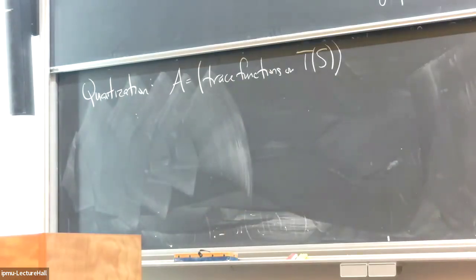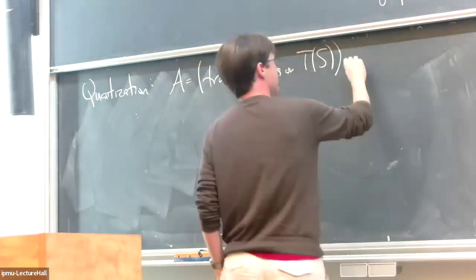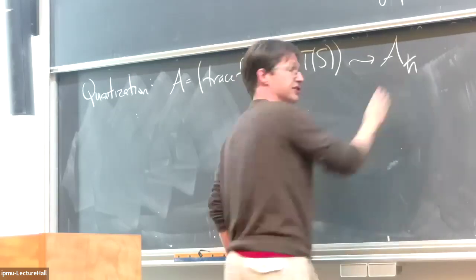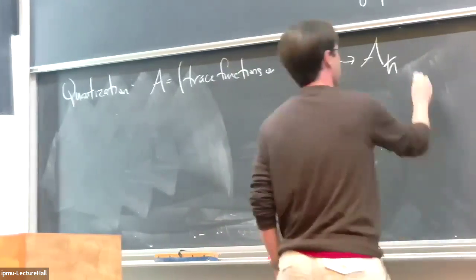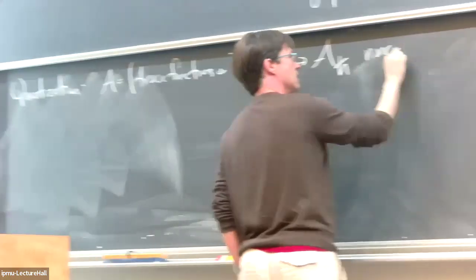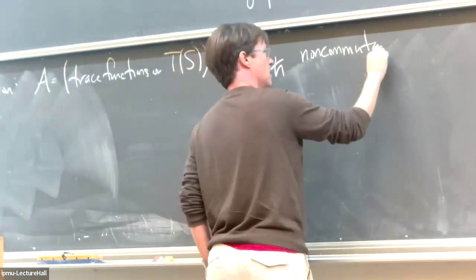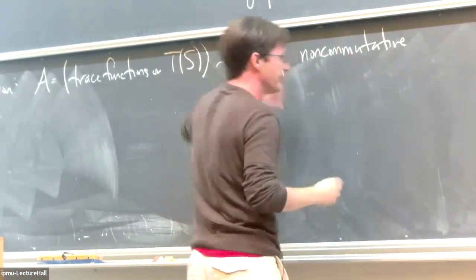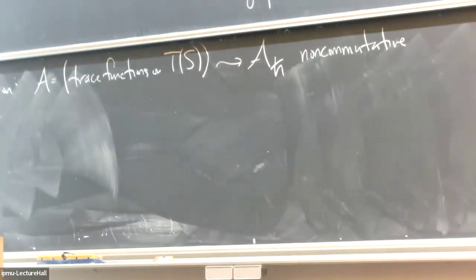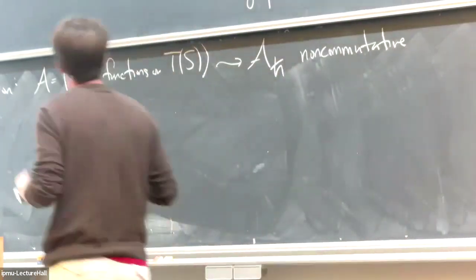Part of the program of quantization would be to deform that to some non-commutative algebra depending on a parameter h bar, where at leading order in h bar, the commutator is controlled by the Poisson bracket. Here by quantization, I mean more than that.